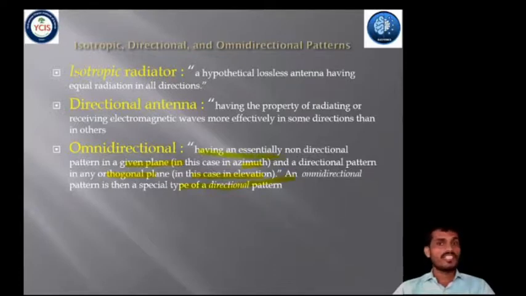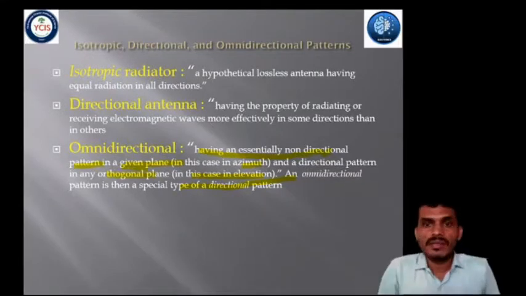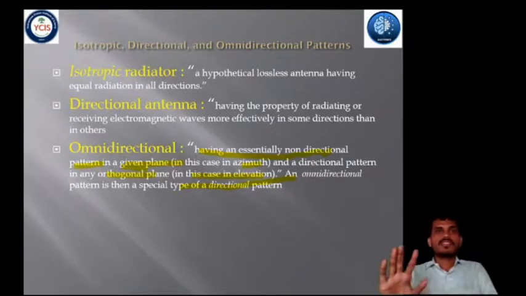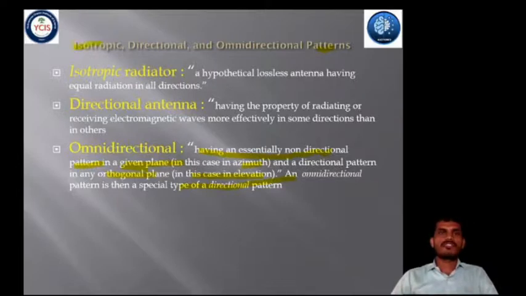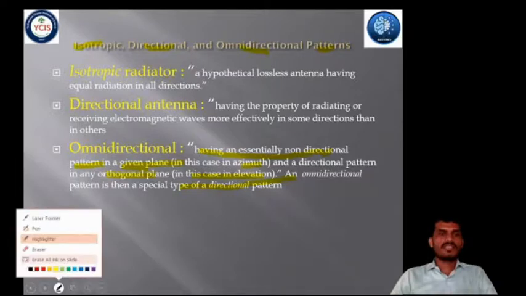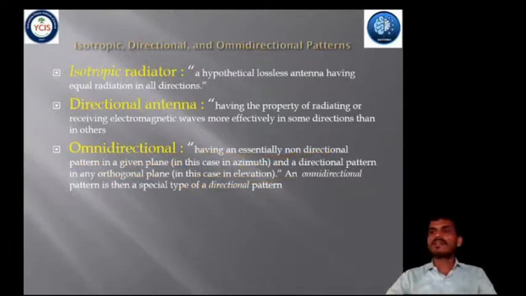It has essentially a non-directional pattern in a given plane. So these are the three different patterns of antenna radiation: isotropic, directional and omnidirectional. All three patterns are taken as references for the antenna.